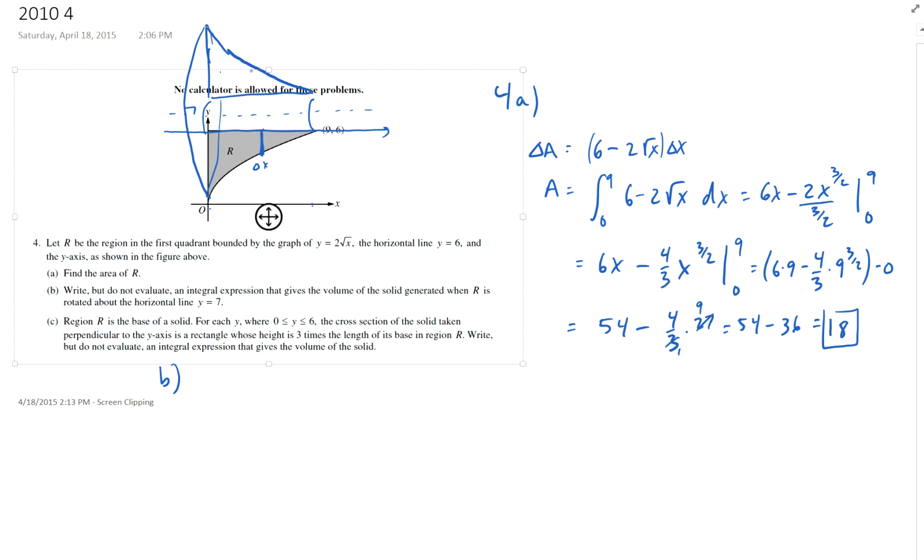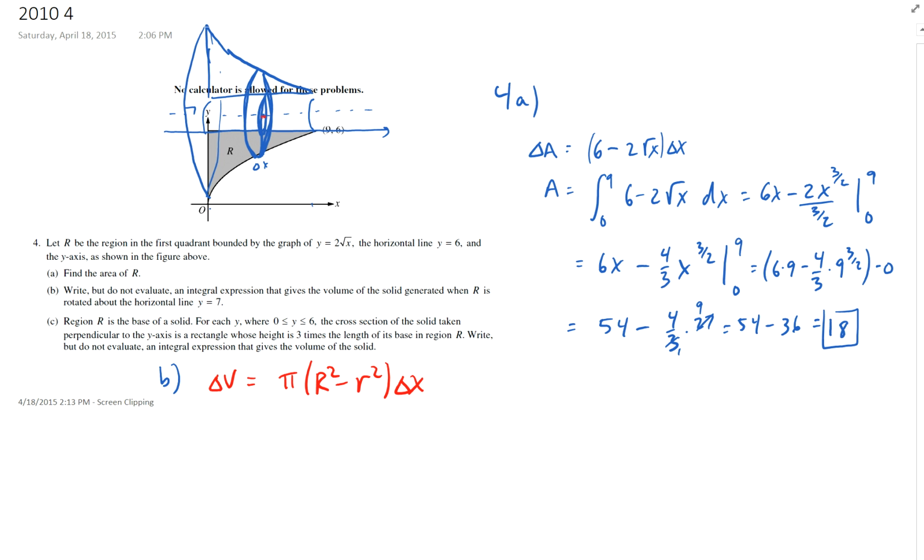So I look at a slice, a slice right down the middle, and it is going to be this washer shape right there. Thickness is delta x. I'm going to change colors and go to red, and so I've got delta V is pi times big R squared minus little r squared, delta x.